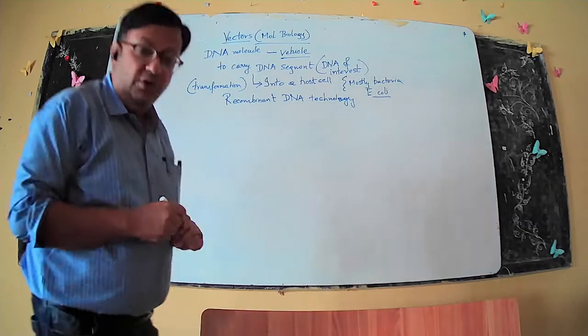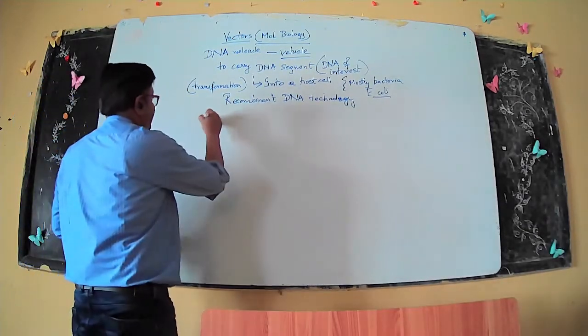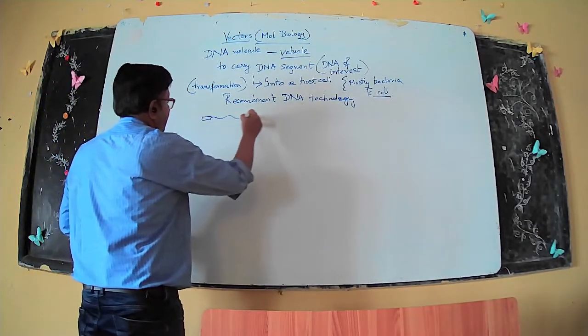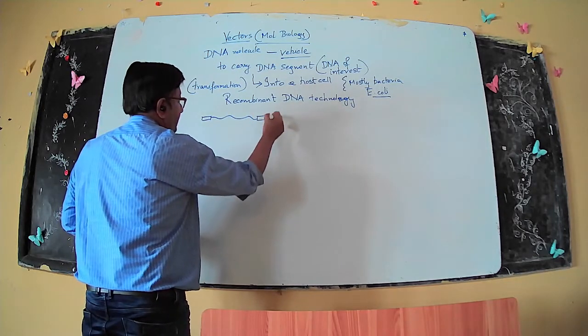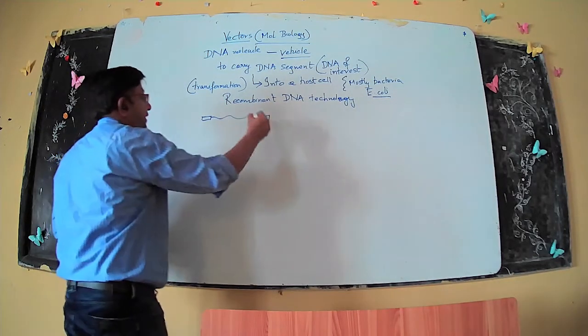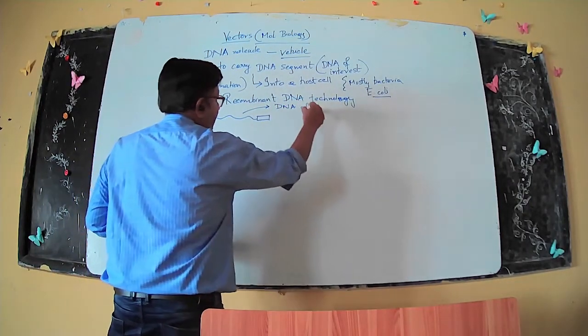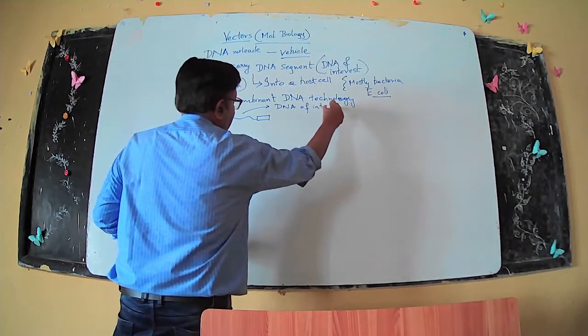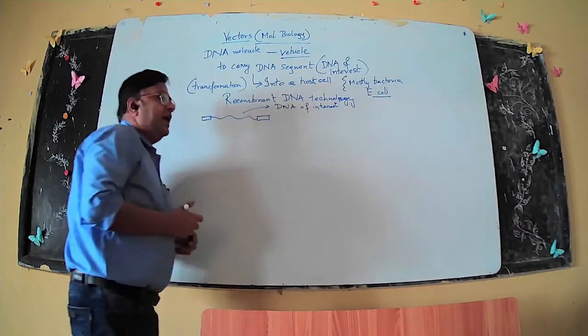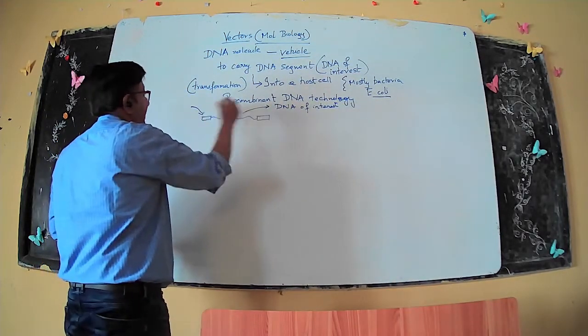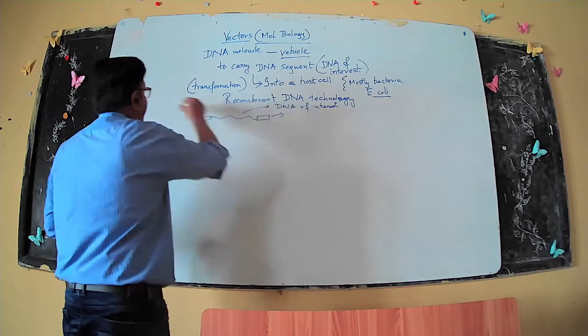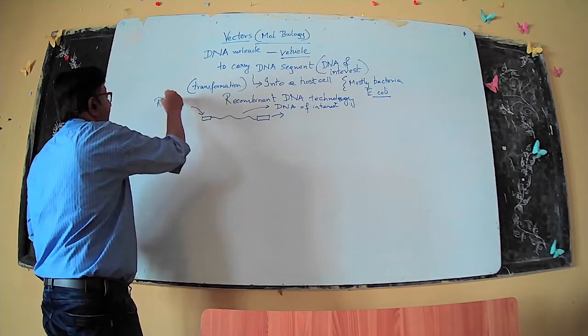So if you just look at it, say this is the DNA of interest. And this site here and this site here, they are restriction enzyme sites.